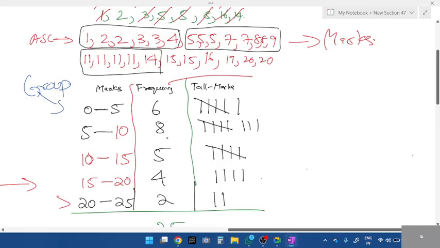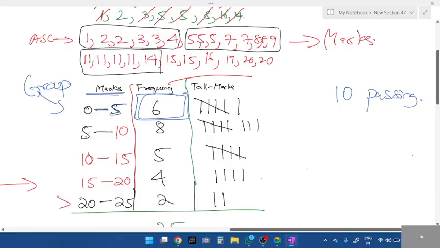Now, what is the least marks scored? Look at the marks column. 0 to 5 marks. How many students have scored less? 6 students. So it is in a simplified form. Only 6 students have scored less. Now, out of 20, if I tell you 10 is the passing mark, how many students have scored above 10?